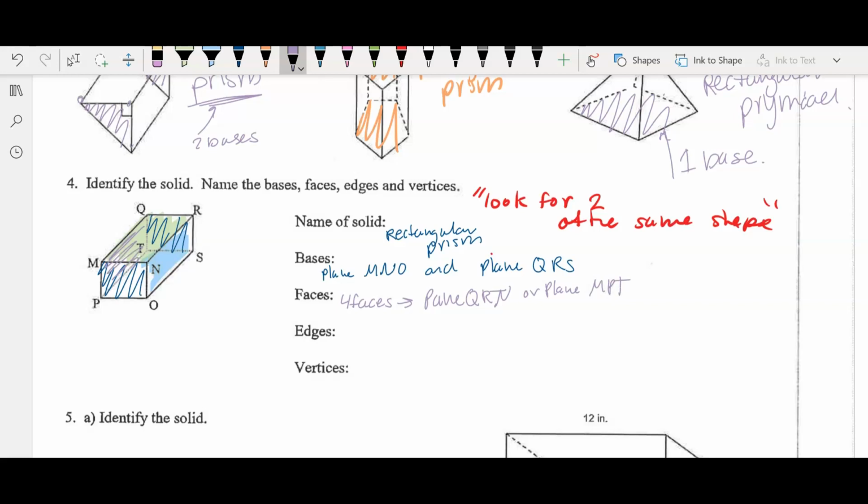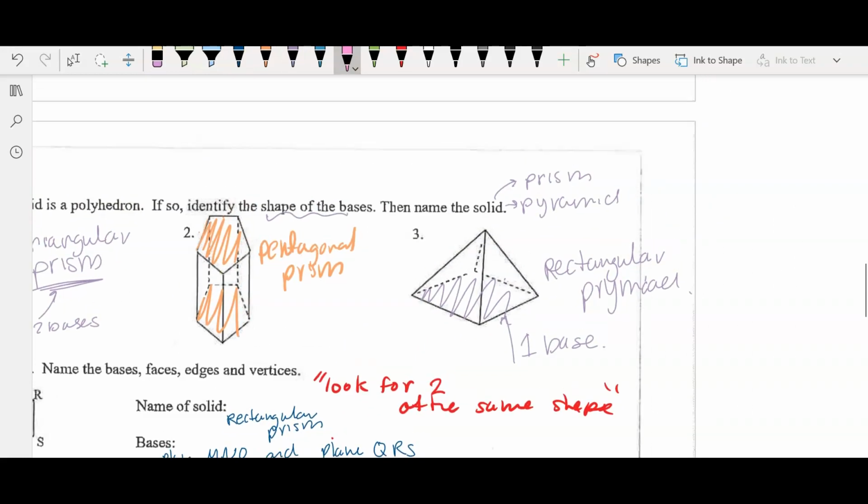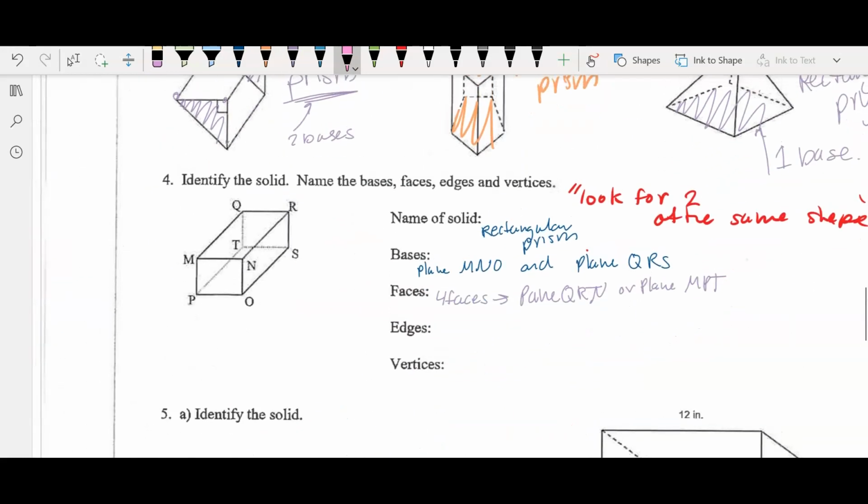Okay. So then the next thing is the edges. The edges are, honestly, nothing fancy. It's literally not the corners, it's these lines that are going across. So like QM is an edge. NO is an edge. And it's not limited to only these ones, there are so many edges.